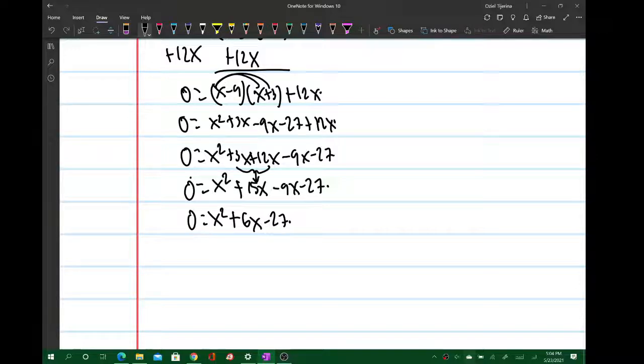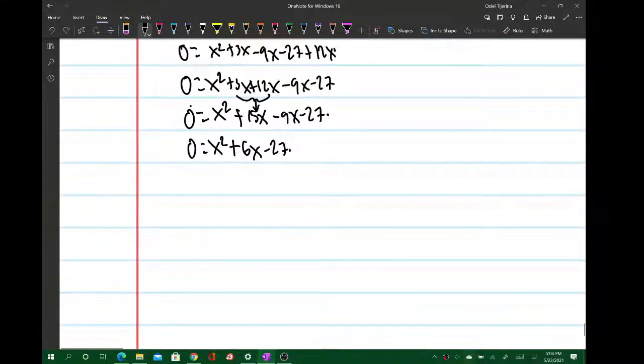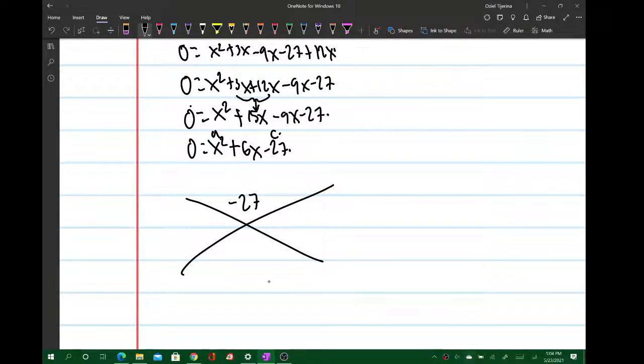And then we can use factoring to solve for this, right? So two numbers, or hold on, our a times c term is negative 27, and b is 6.